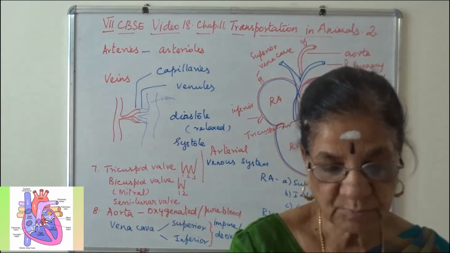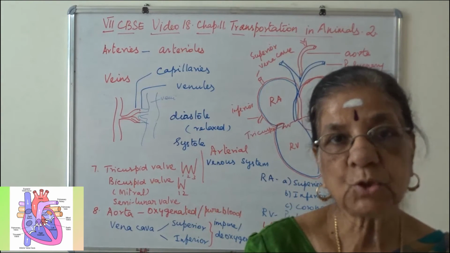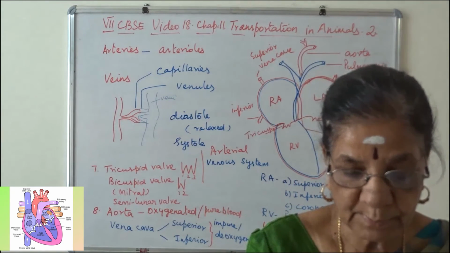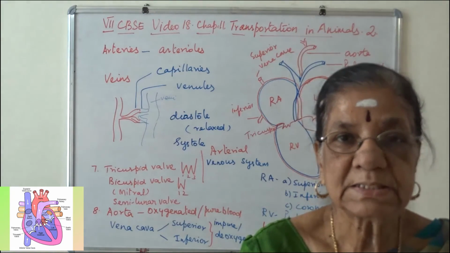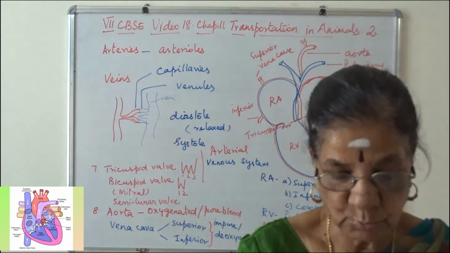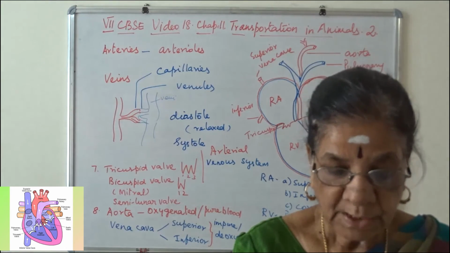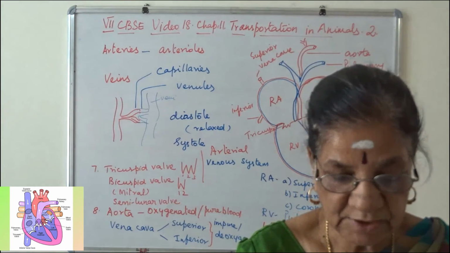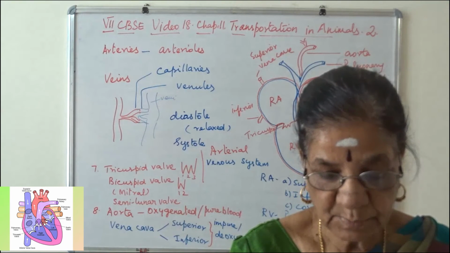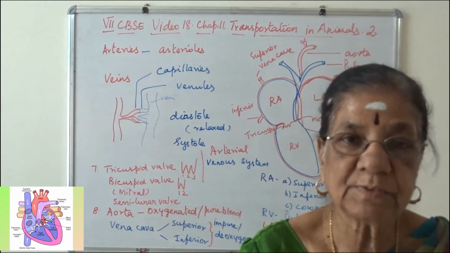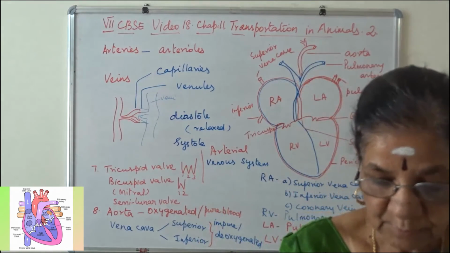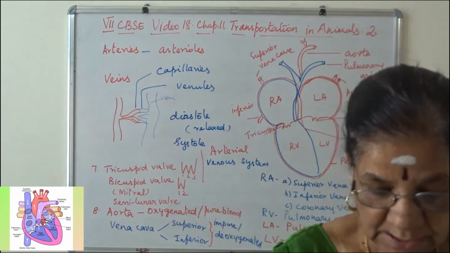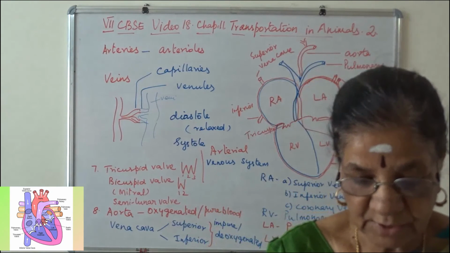The circulation of blood can be divided into two main loops, the pulmonary circulation loop and the systemic circulation loop. Pulmonary circulation transports deoxygenated blood from the right side of the heart, the ventricle, to the lungs, where blood picks up oxygen and returns to the left side of the heart.